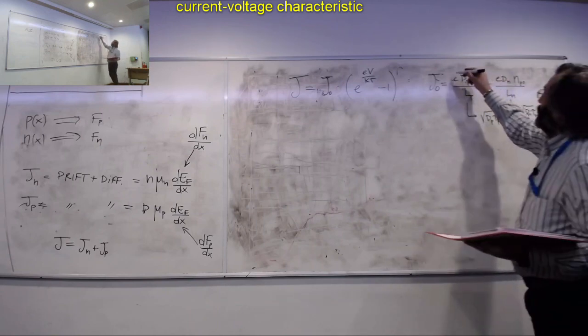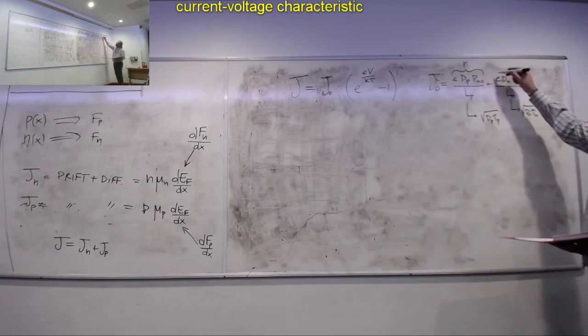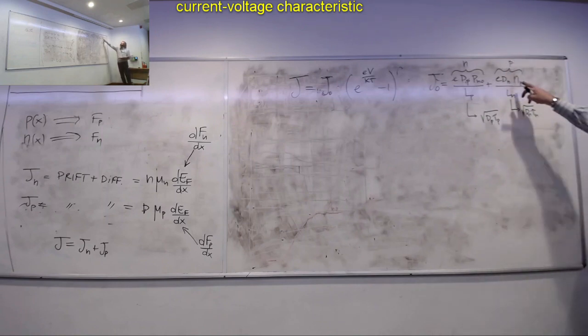Now note that this term relates to the n side. This term relates to the p side. This is the density of electrons on the p side.